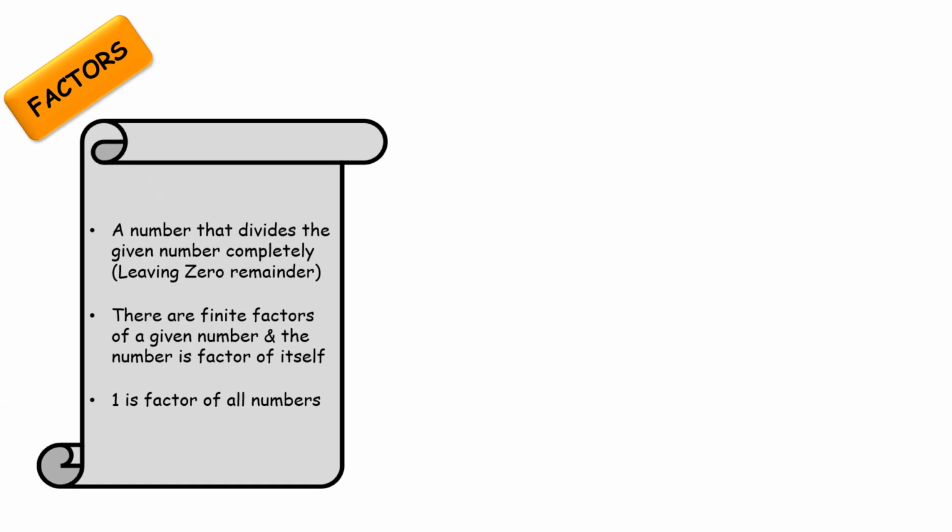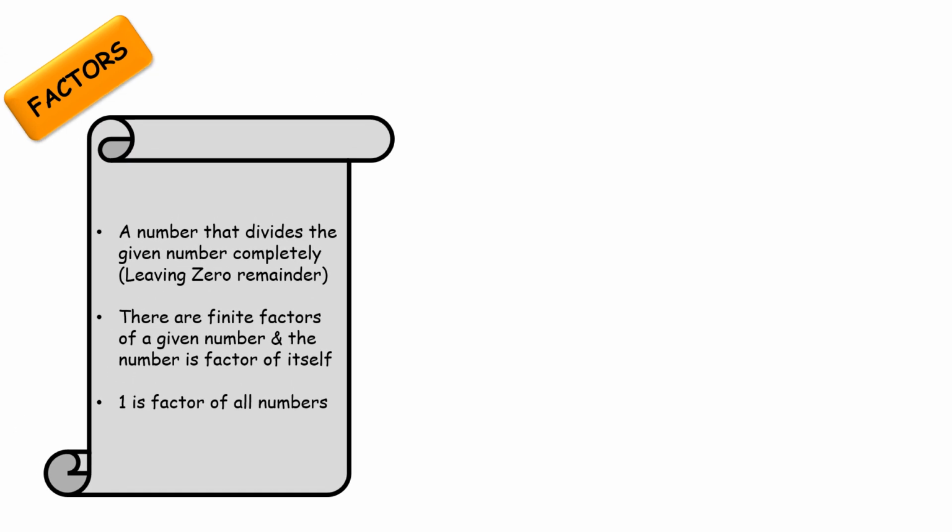So just to summarize, a factor means a number that divides a given number completely. If we have a fraction, say x upon y, then when we are asked to find factors, we are asked to find the denominator of this fraction.